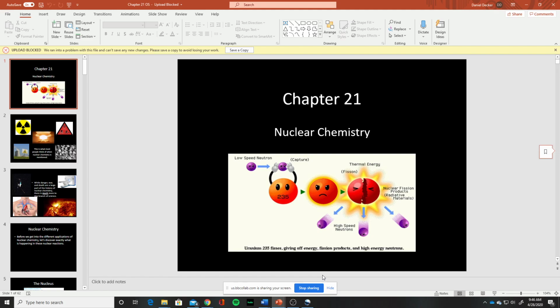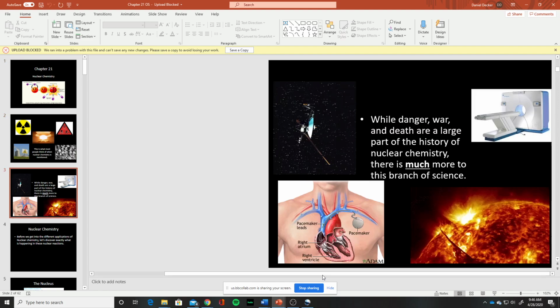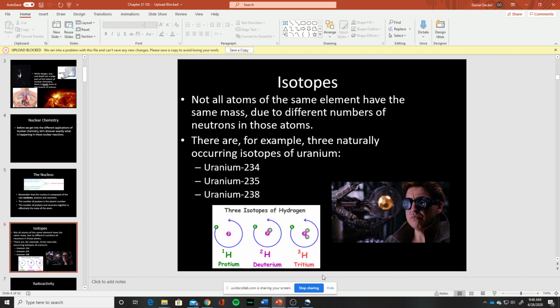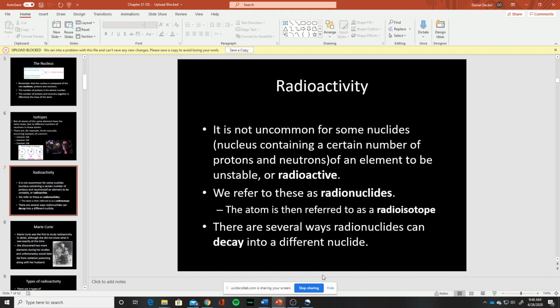But for now, the last chapter here, nuclear chemistry. The beginning here, we're just introducing the idea of nuclear chemistry, refreshing you on stuff that you learned in Chem 1 about chemical symbols, mass numbers, atomic numbers, isotopes. All this stuff you should have covered in Gen Chem 1.